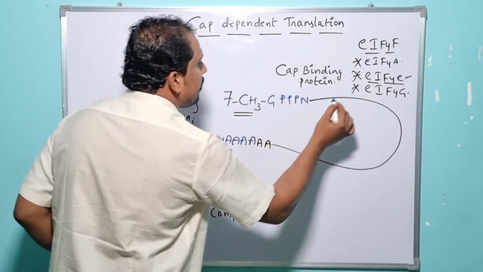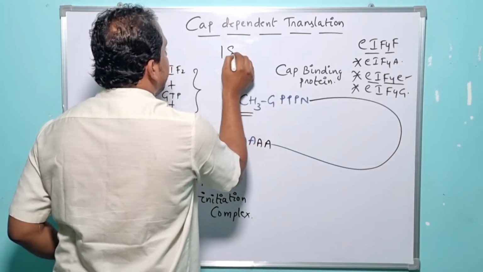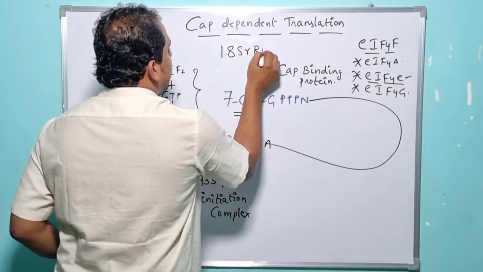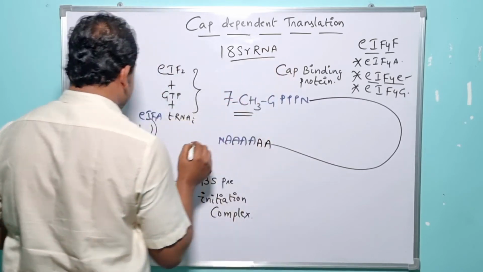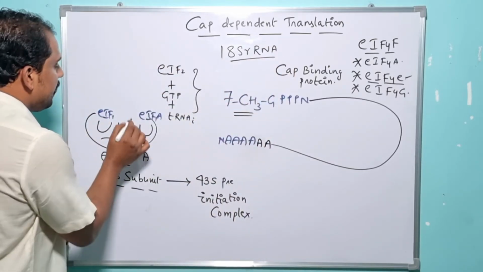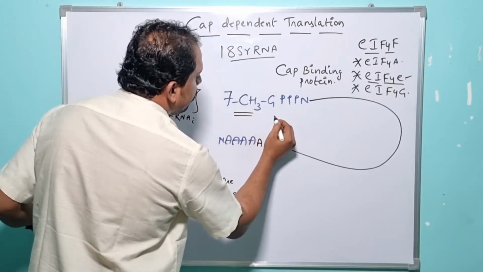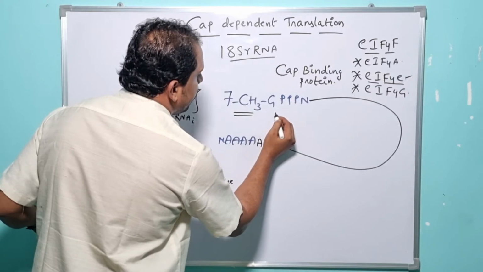So by taking the advantage of eukaryotic initiation factor 4E and in addition 18S rRNA, which is embedded within the 40S subunit of the eukaryotic ribosome, the 43S pre-initiation complex gets successfully recruited to the extreme 5' end of the eukaryotic mRNA.